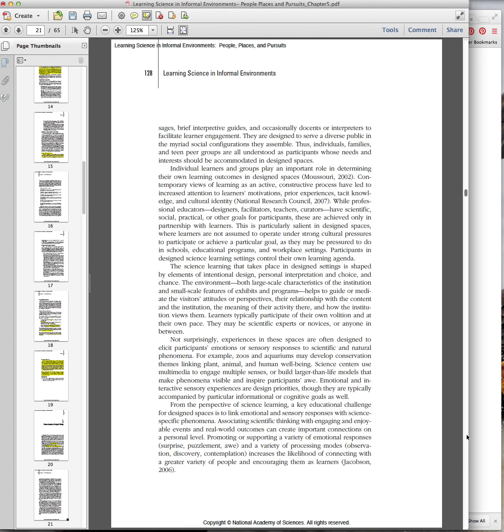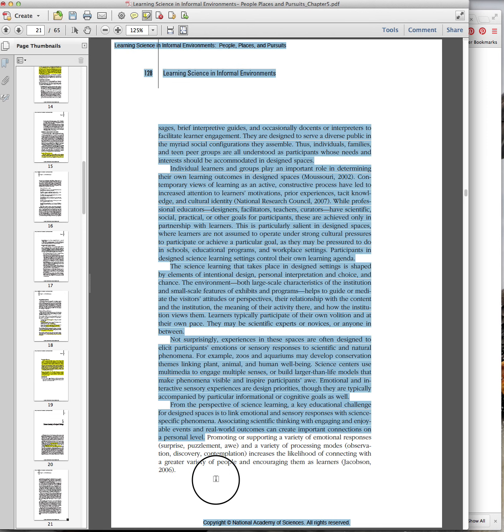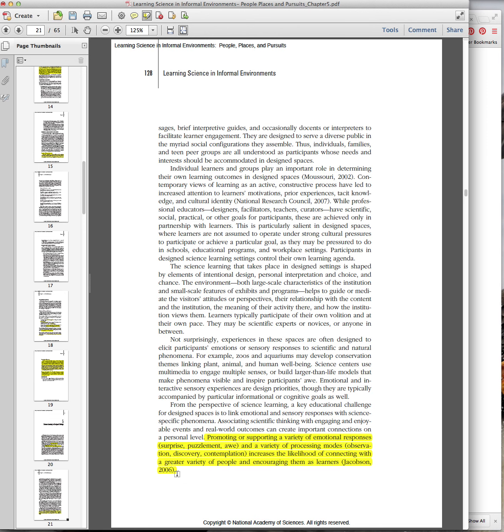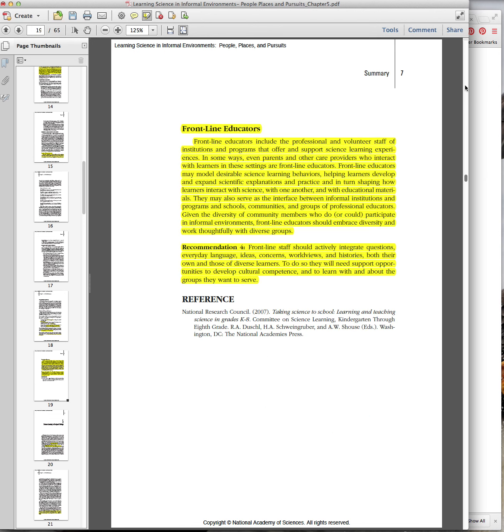Now I've asked you to pay attention to the recommendations from the summary, right? As you read through, you'll get to this sentence right here, and this sentence is a comment on recommendation number 1 from the summary. I'm going to go back and look at recommendation number 1.